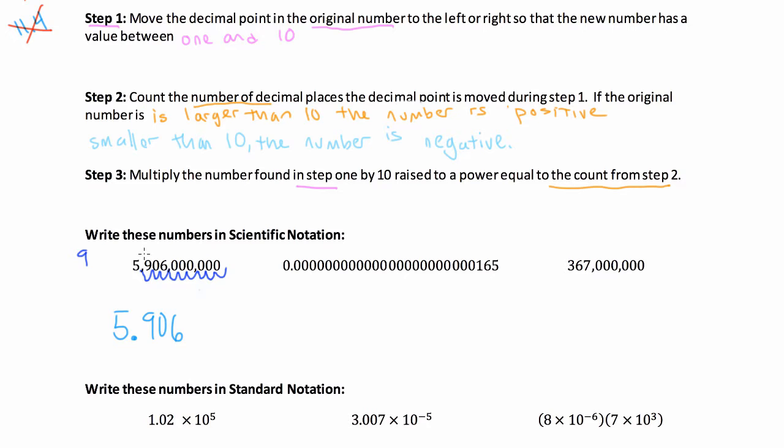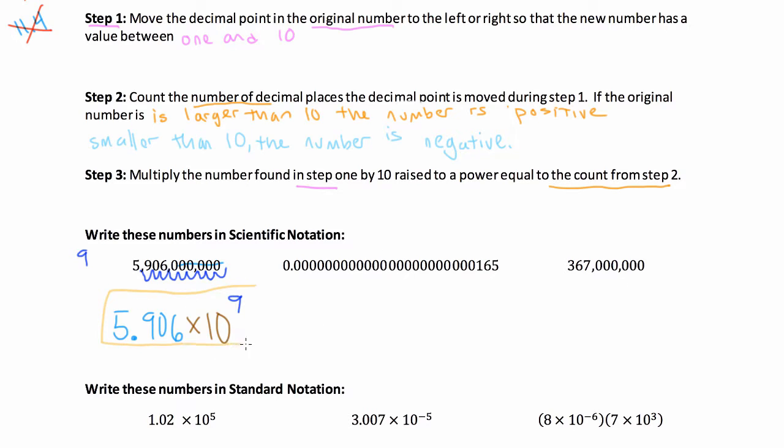So I want to contain all that number information, but if there's just a bunch of zeros, I don't have to write them. Now this gets multiplied by 10, and that 10 is going to be raised to the power of the number of times I had to move the decimal, so 9. And because this number is big, that's going to be 10 to the positive 9.